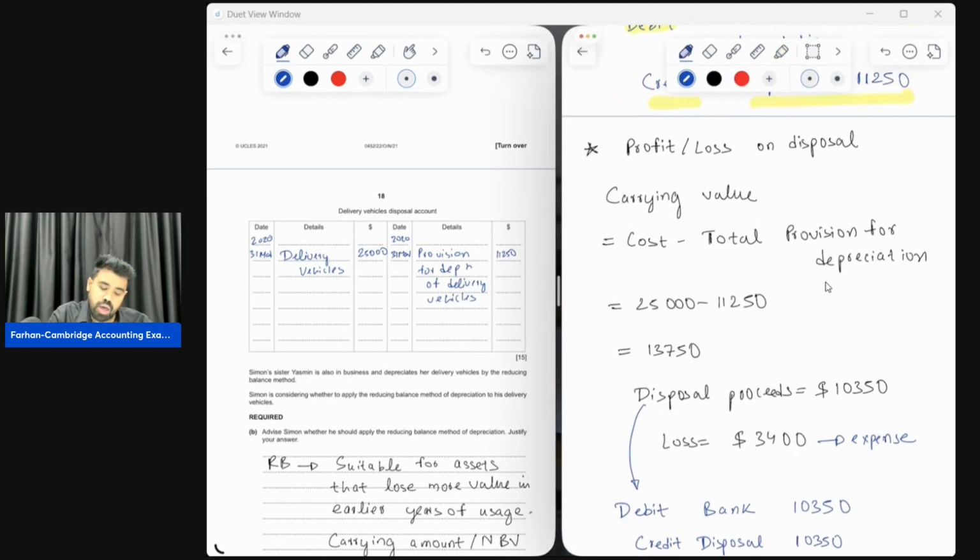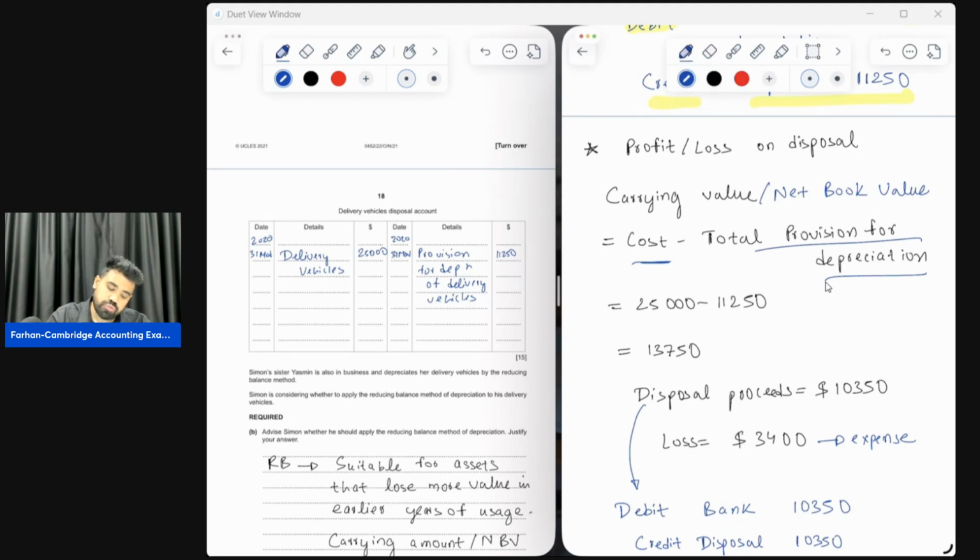Now, the carrying amount or the net book value can always be derived at the end of a financial year, which is simply the difference between the cost and the total provision for depreciation. And the total provision for depreciation is all the depreciation expense that has been incurred so far since the day of purchase. So based on our calculations and information that we already know, the original cost for the asset, which is delivery vehicle B, is $25,000, right?